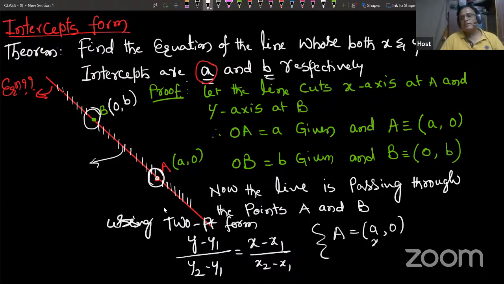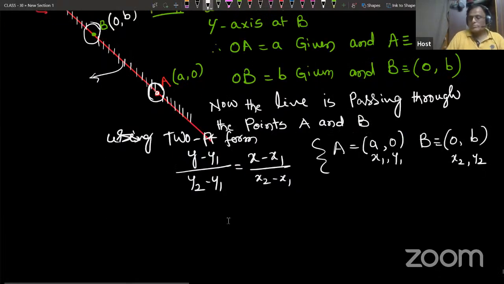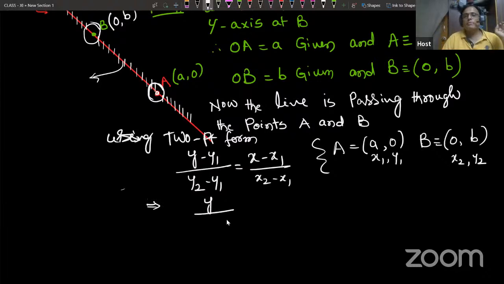And the second point is 0 comma B, x2 comma y2. The rest you can apply. We'll get the equation of this line. Observe this carefully. Here, y minus y1, clearly see that y1 is 0, so y minus y1 is y, upon y2 minus y1. Here only check it. Y2 minus y1 means B minus 0, B.